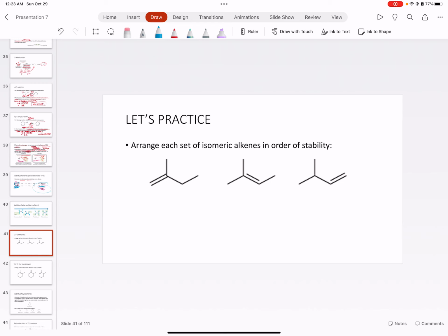Just by looking at this, I can already see that this one is going to be disubstituted. Just by looking at this, I can see that this one's going to be trisubstituted. And then let's see. And just by seeing this one, I can see that this one is going to be monosubstituted.